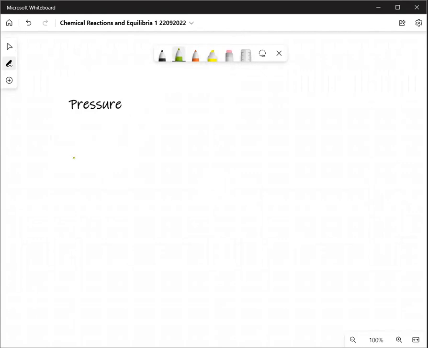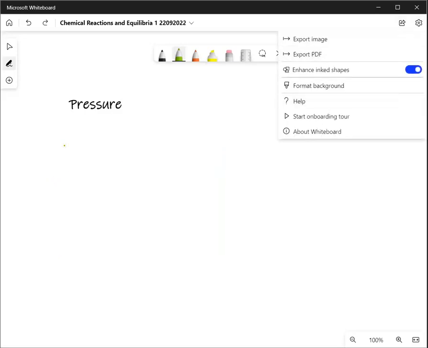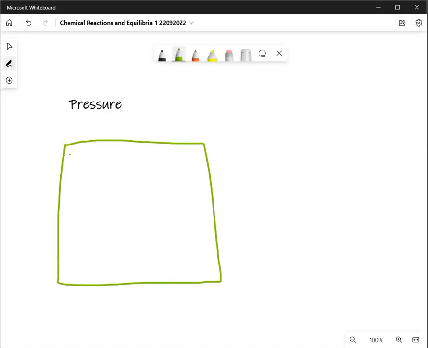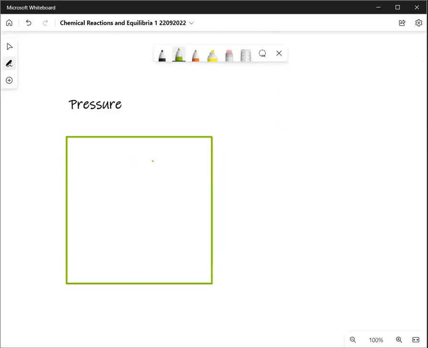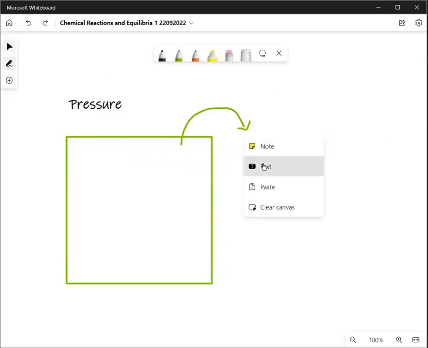What is pressure, by the way? Niranjana, what is pressure? It's one of the factors that affect equilibrium. That's true. But what is pressure, to be very honest? Pressure is force over area.